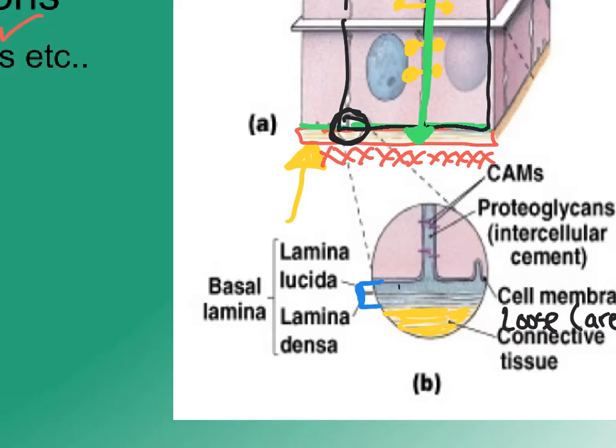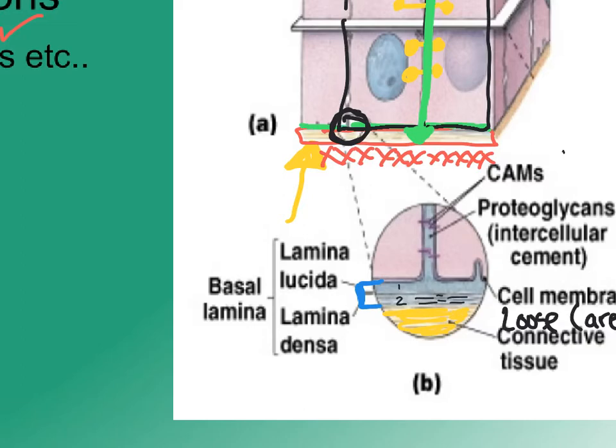Lamina lucida is like an acellular glue. It's a chemical glue. There are no fibers, or few fibers, and there are no cells here. And that lamina lucida is anchored to this next layer, which is called lamina densa. And lamina densa does have fibers in it.